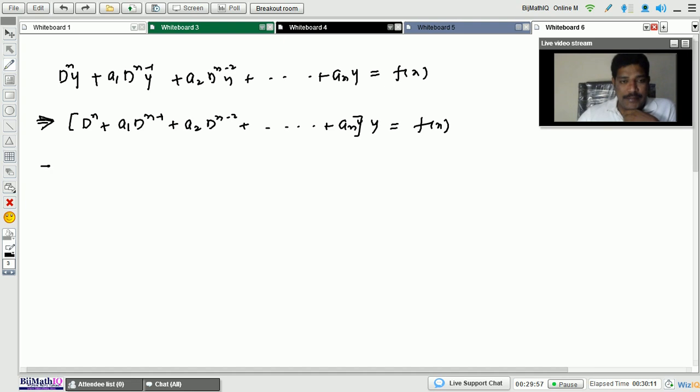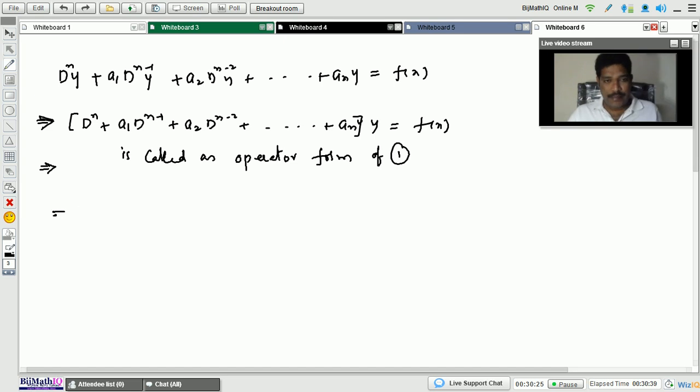We are writing everything in terms of capital D, meaning operator form. This is called the operator form of 1.